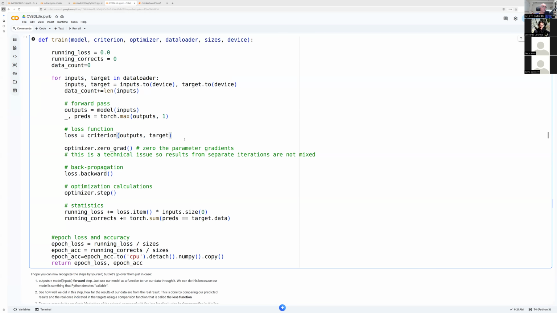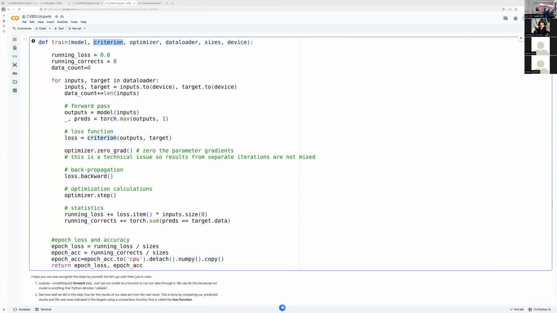Then we compute that same idea, the loss function. How far are our predictions from the actual data? Okay, and here I'm calling something that I say a criterion. And then we will need a much more complex loss function, in this case, before we used the simple least square function. And here we can also define many that are already implemented in PyTorch.